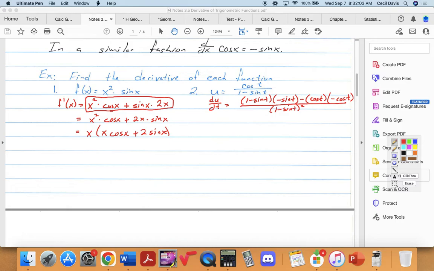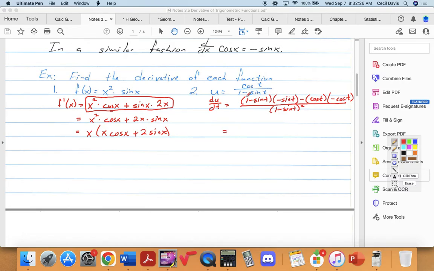I do expect that you'll simplify these, because this can be simplified quite a bit. You're never going to be asked just this on the AP exam, but if you were on a free response, this would be plenty. Okay, you don't need to simplify on the AP exam, but we will for this.